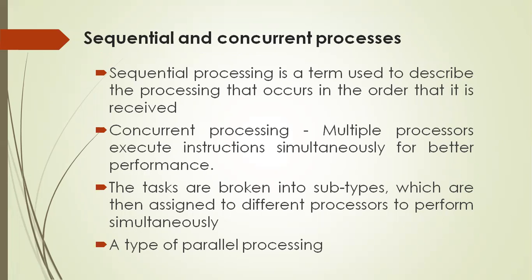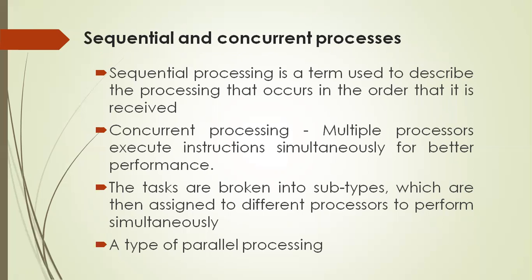Suppose there are three processes P1, P2, P3, and each process needs 30 milliseconds of CPU. In sequential processing, P2 will be executed after execution of P1, and P3 after P2, which altogether takes 30 plus 30 plus 30, 90 milliseconds. Whereas in concurrent processing, all three processes P1, P2, P3 can be executed in parallel using three different processors.